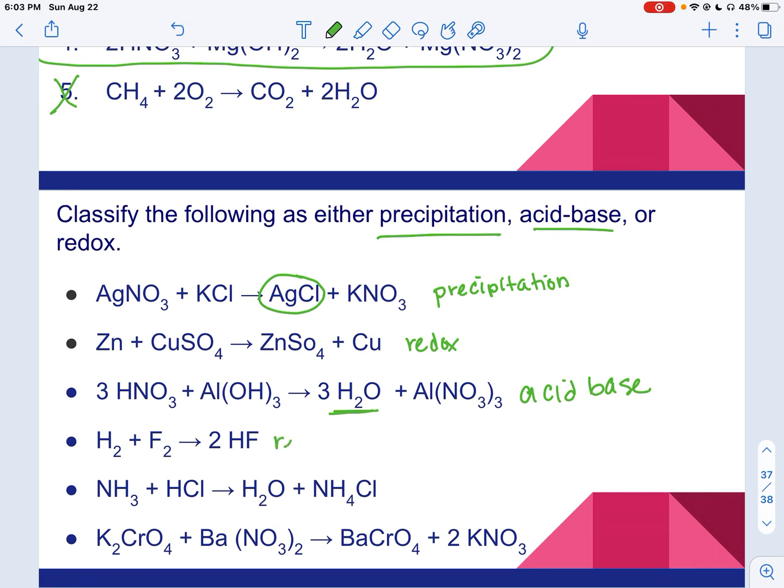This one is redox. Now it's synthesis, which we said is sometimes redox, right? So if you want to, you can do the oxidation numbers real quick. It's pretty easy. We have 0, 0, +1, and -1. So you can see that they do change their oxidation numbers. And next lesson we'll get into more of what that means. But here you can just see they don't have the same numbers, so it must be redox.